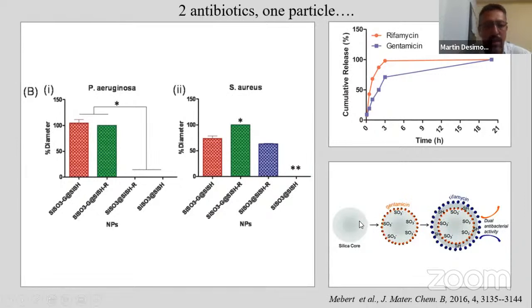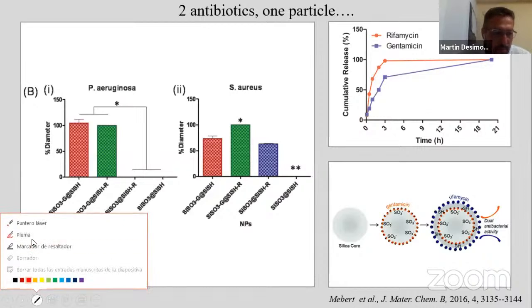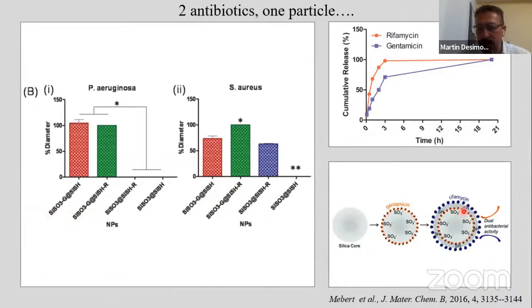As I mentioned, our strategy was to put gentamicin in the core of the particles, and then we make the shell and put rifamycin in the shell, so we can deliver two types of antibiotics. We followed the release of both antibiotics, and we confirmed that both can be released from these core shell nanoparticles.